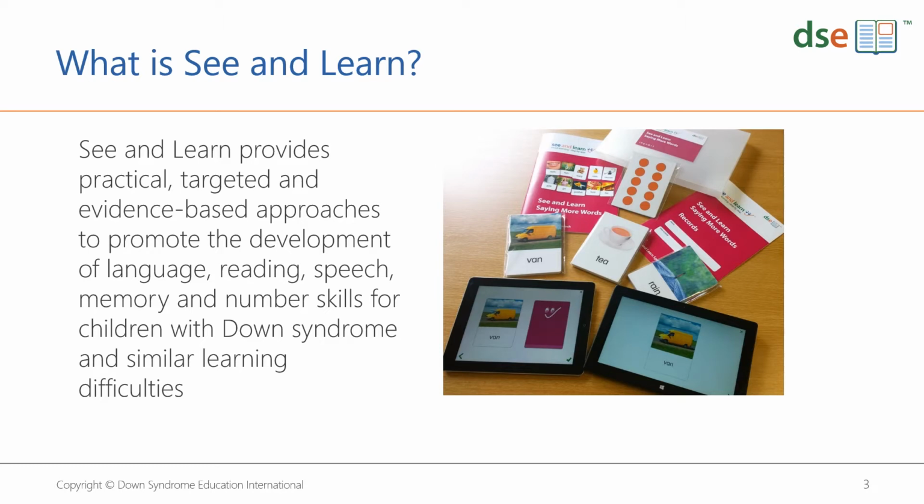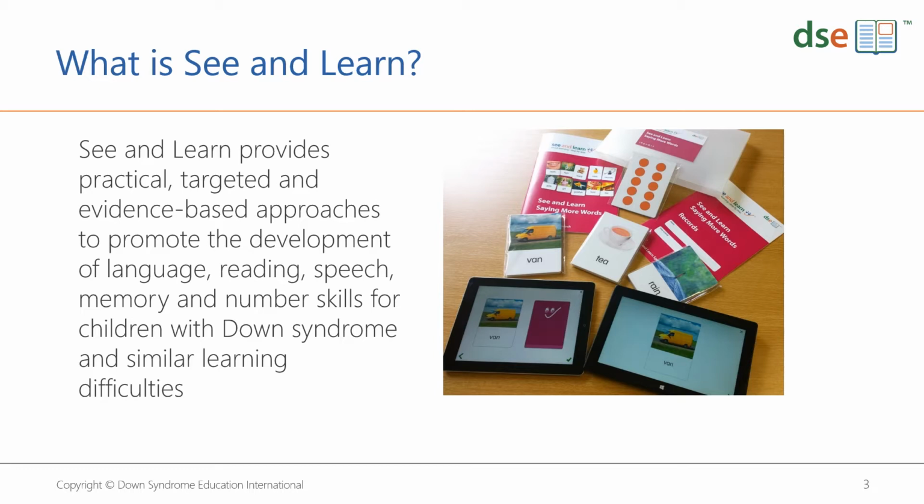Well, what is See and Learn? Well, we've been developing See and Learn practical programmes now for several years in response to requests from parents and teachers. Over the years, we have drawn together research findings, we've run early intervention services ourselves, and we've shared the principles of our approaches in our presentations.